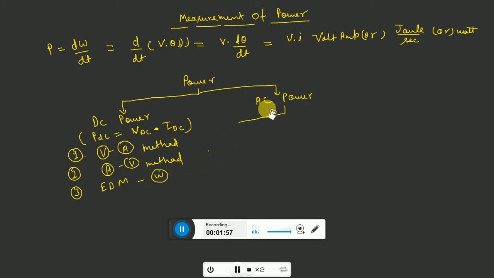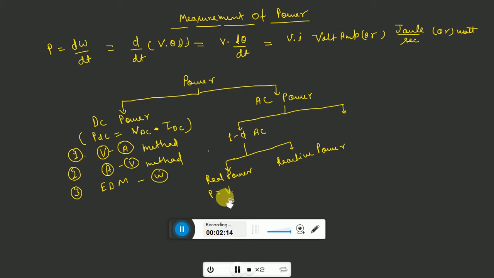Next is your AC power measurement. In AC power measurement, first we calculate single phase AC power. In AC power we calculate real power and reactive power.